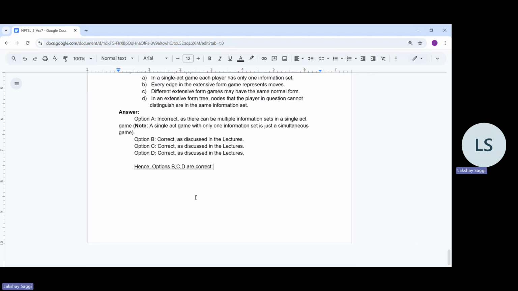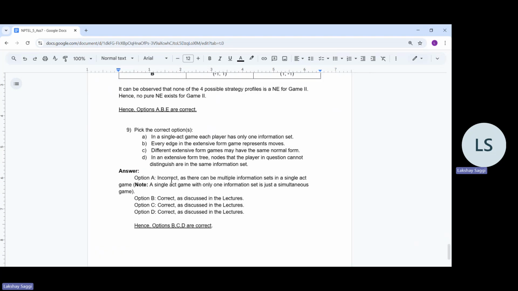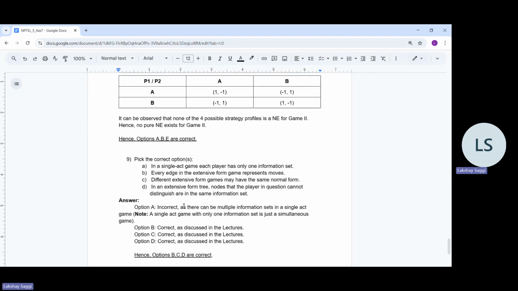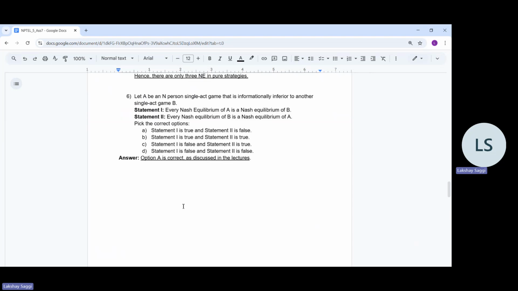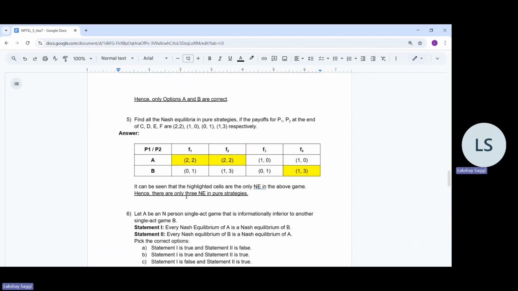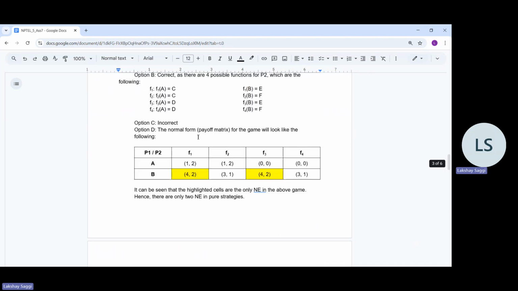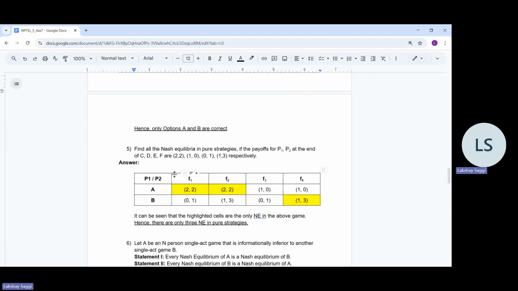Okay then, so this was all I had for the day. These were the 9 questions. A lot of the questions today were mostly theory based, because the lecture was also mostly theory rather than numericals. But we also discussed some explicit examples of how to convert extensive form games to their normal forms and find the number of Nash equilibria in an extensive form game.